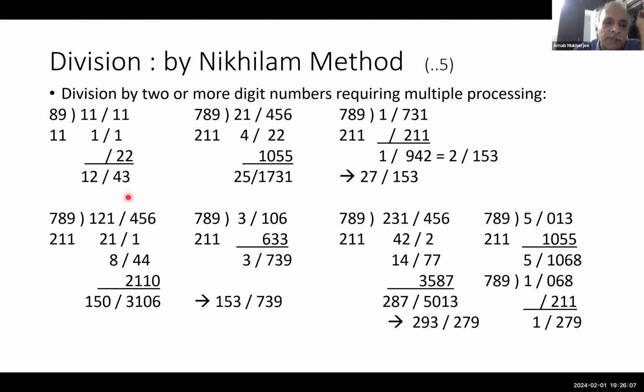That is the idea behind this. The conventional method of division uses the table of 789, because division is actually repeated subtraction. So we keep subtracting 789.